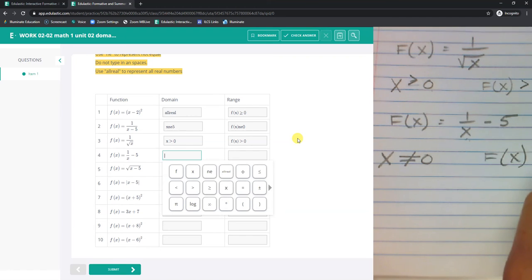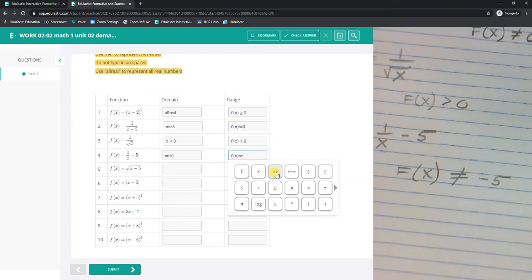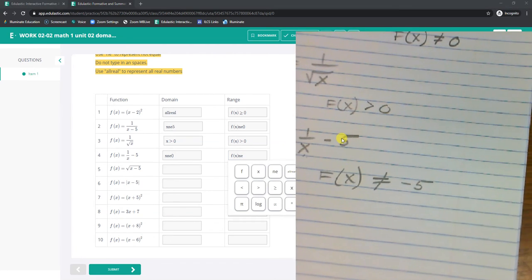So I can't get a -5 to come out of it. So 0 and -5: x not equal to 0, f of x not equal to, what did we say, -5?